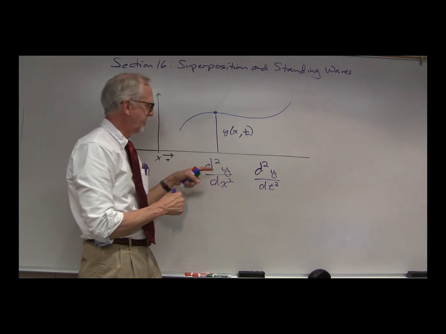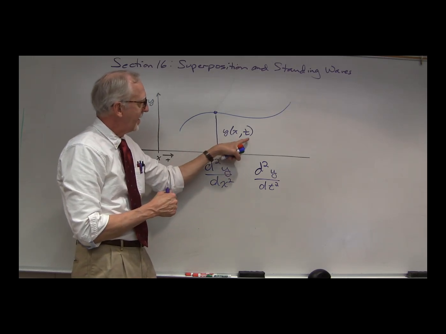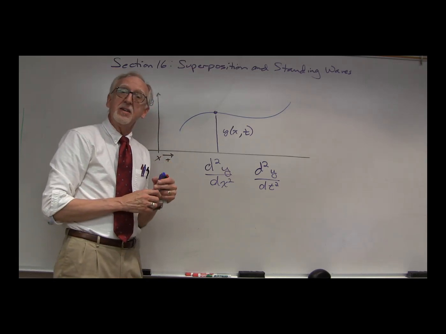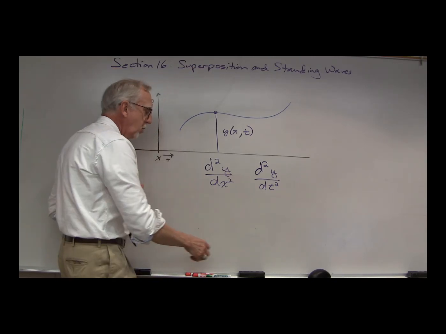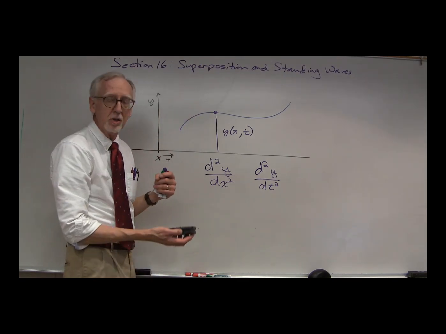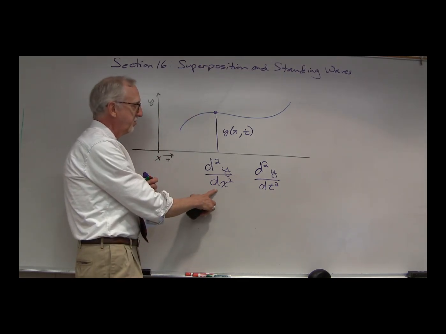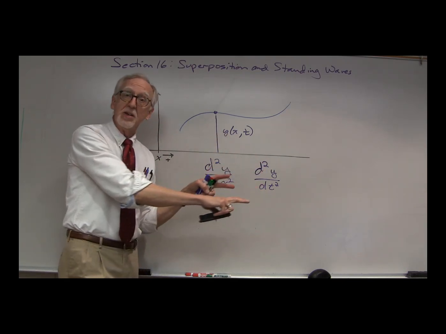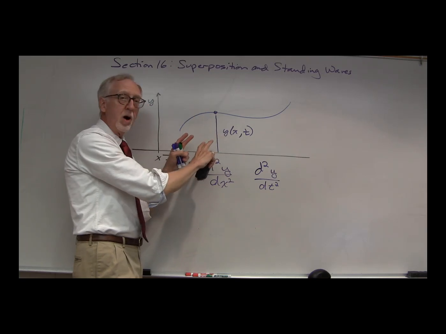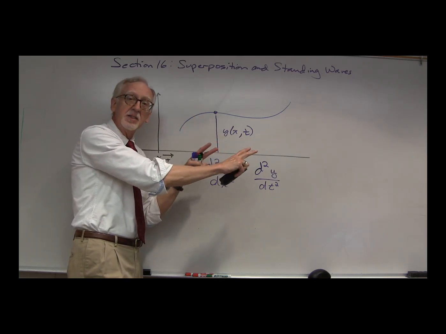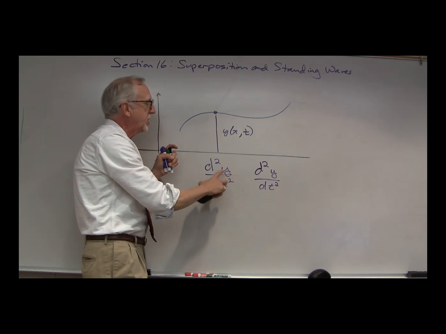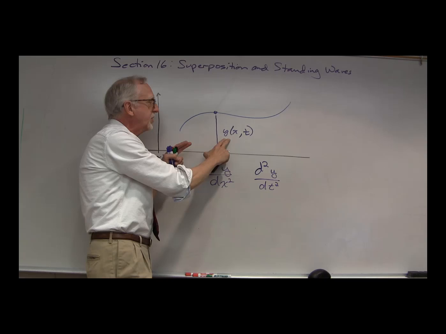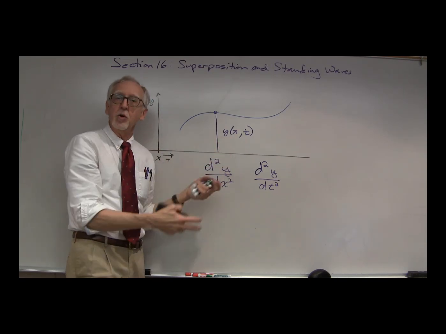Now, how do we deal with that when y is dependent on x and t, and we're trying to take these second derivatives? Well, we're going to take a different kind of derivative, what's called a partial derivative. A partial derivative means that when you differentiate y with respect to x, don't worry about what t is doing. Just imagine that t is a constant with whatever constant value, and differentiate y with respect to x just like you would any other function.